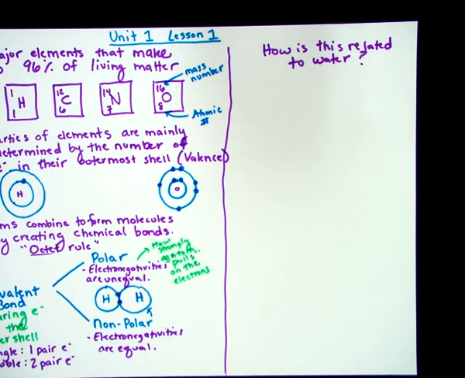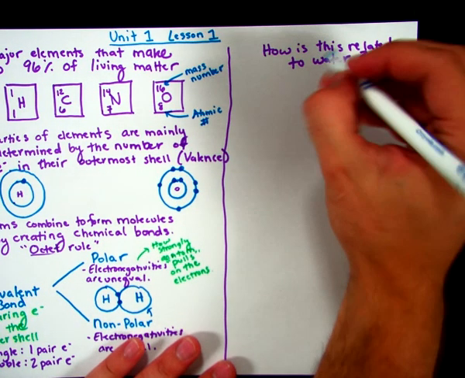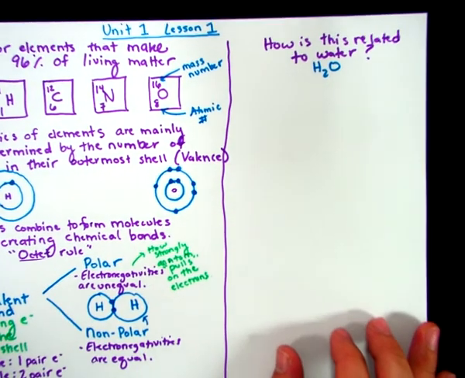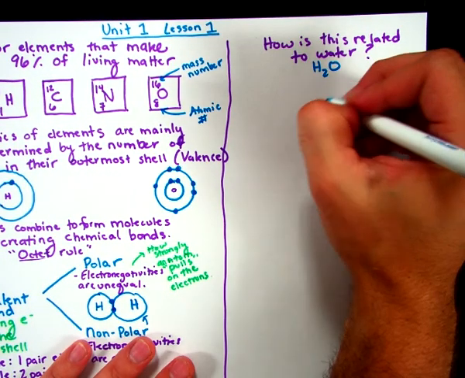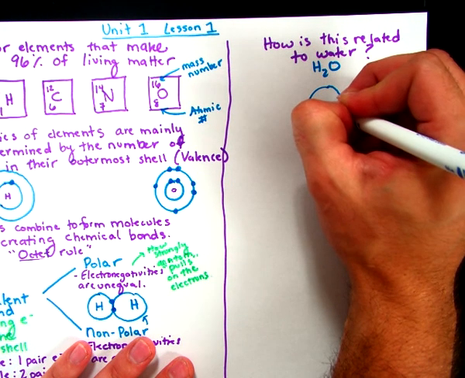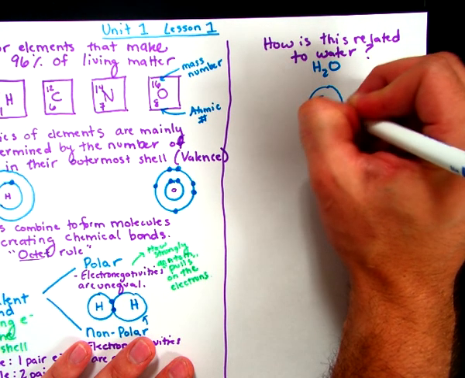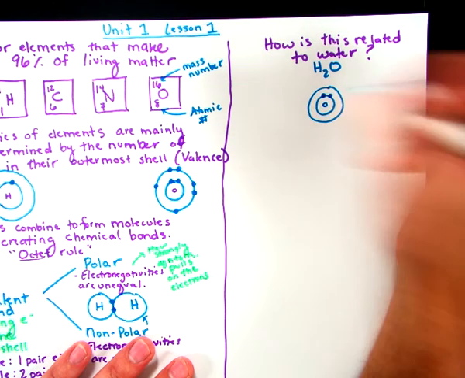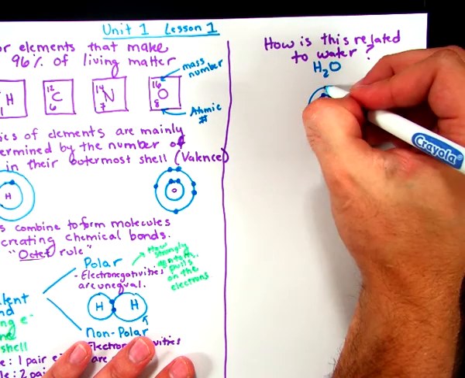So a water molecule, H2O, we describe as our oxygen, which has 6 electrons.